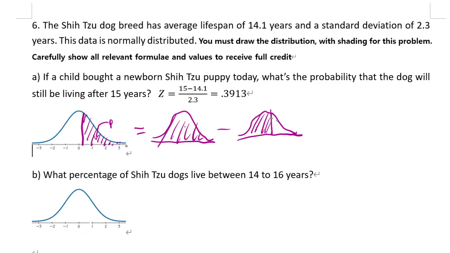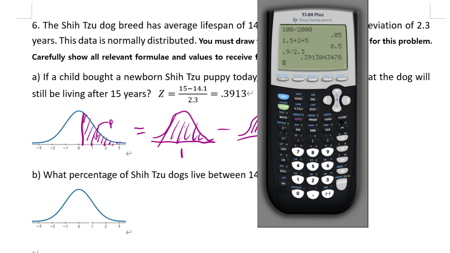And if you subtract this minus this, you're going to get P, and everything under is 1 because the probability of everything is 1. Then to find 0.3913 like that, you need to use the calculator normal CDF function.